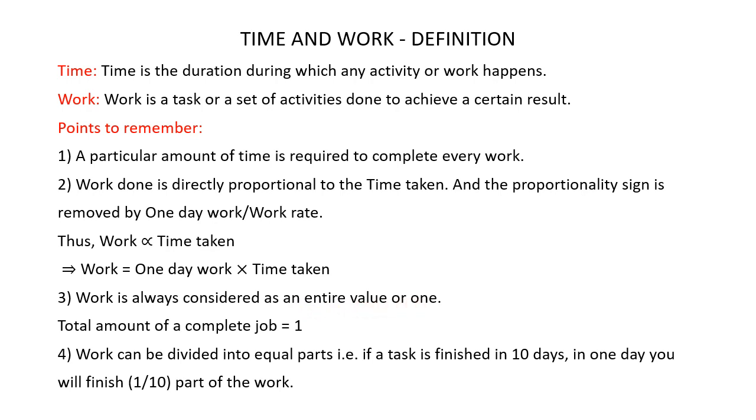So total amount of a complete job is equal to 1. Work can be divided into equal parts. That is, if a task is finished in 10 days, in 1 day you will finish 1/10 part of the work.